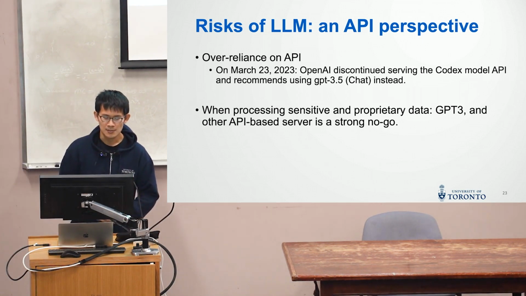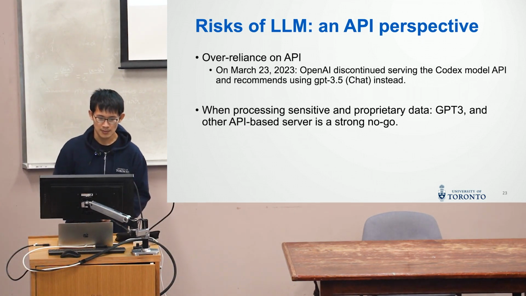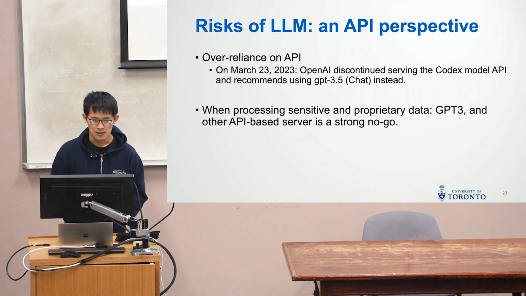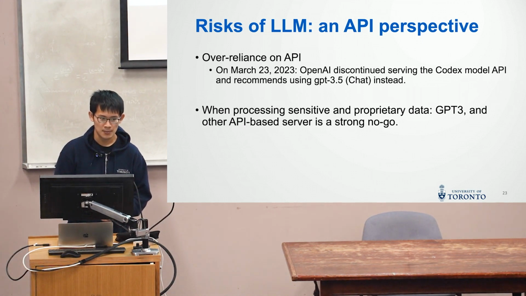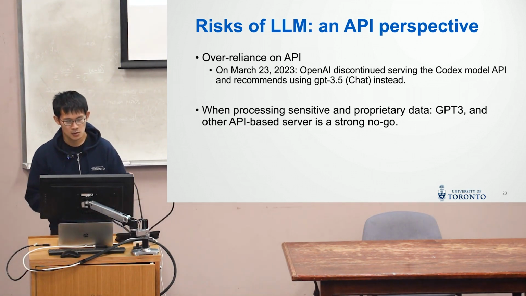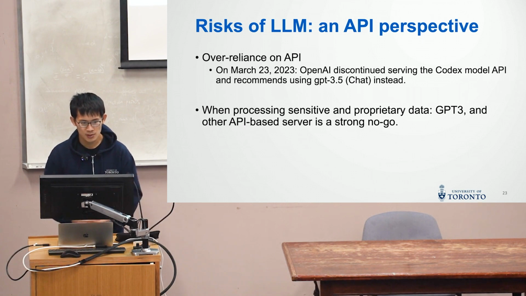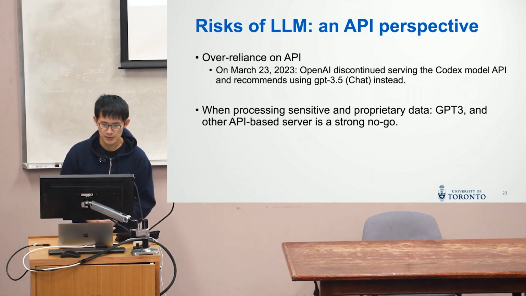So many papers that were written based on the Codex models all of a sudden became unable to be reproduced because the Codex model API was discontinued. And this problem is exaggerated when you are processing sensitive and proprietary data.